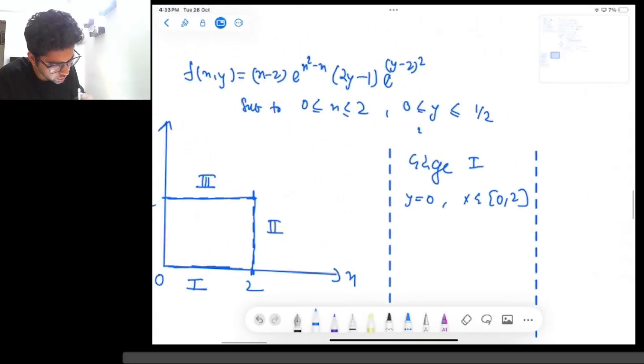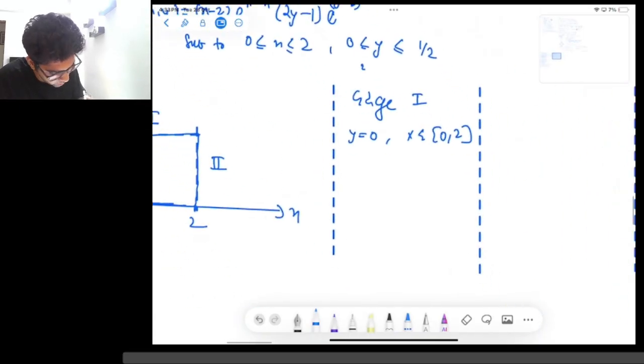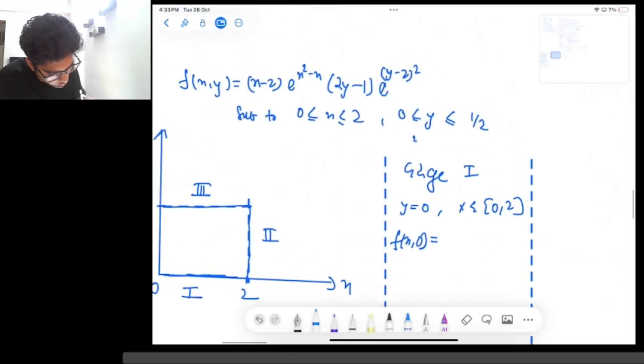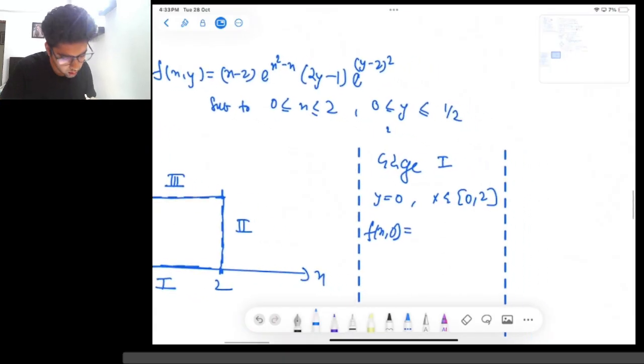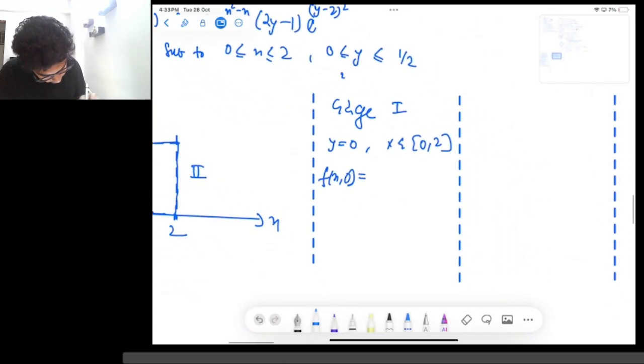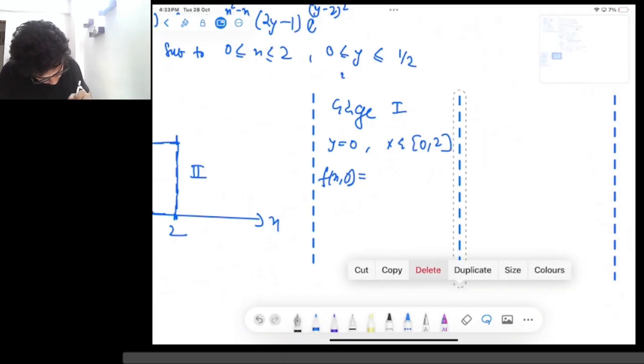Now if I take the function and put in the value of y equal to 0, this will give me f of x comma 0. If I put in y equal to 0 here, this gives me e to the power 4, so x minus 2, so I need to remove these lines now. Great.